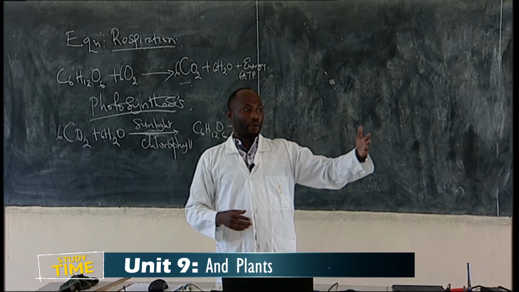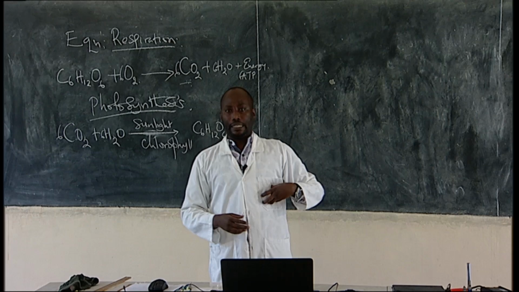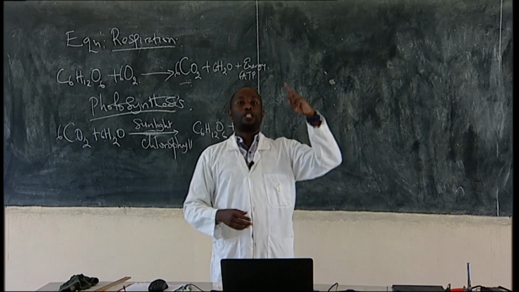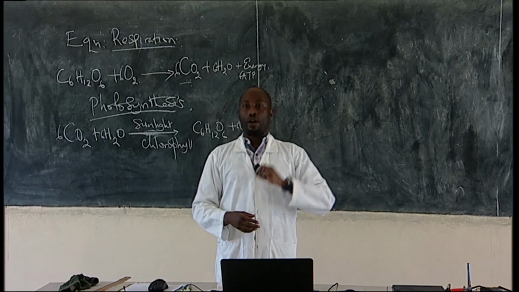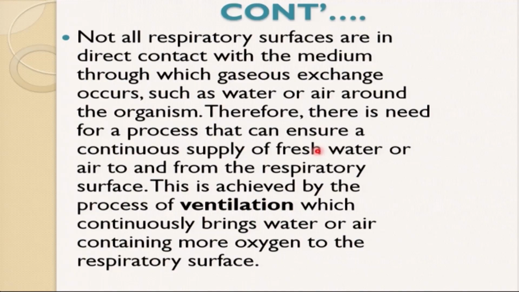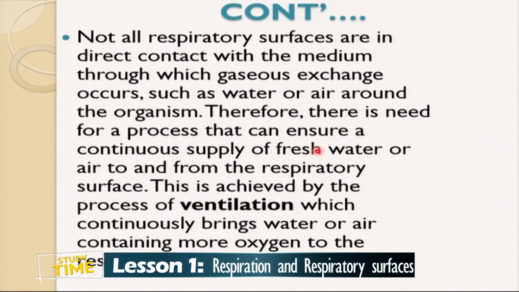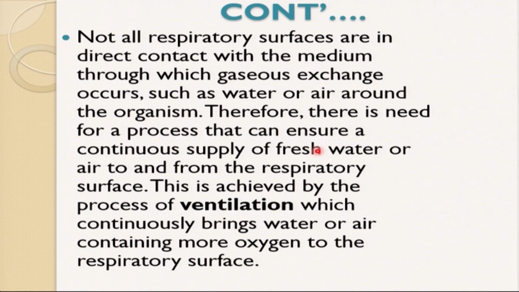For us, when we are in contact with the environment, oxygen cannot diffuse directly into our skin. We must have specialized structures or organs that enable gaseous exchange. Therefore, they need a process that ensures a continuous supply of fresh water or air to and from the respiratory surfaces. This is achieved by ventilation.